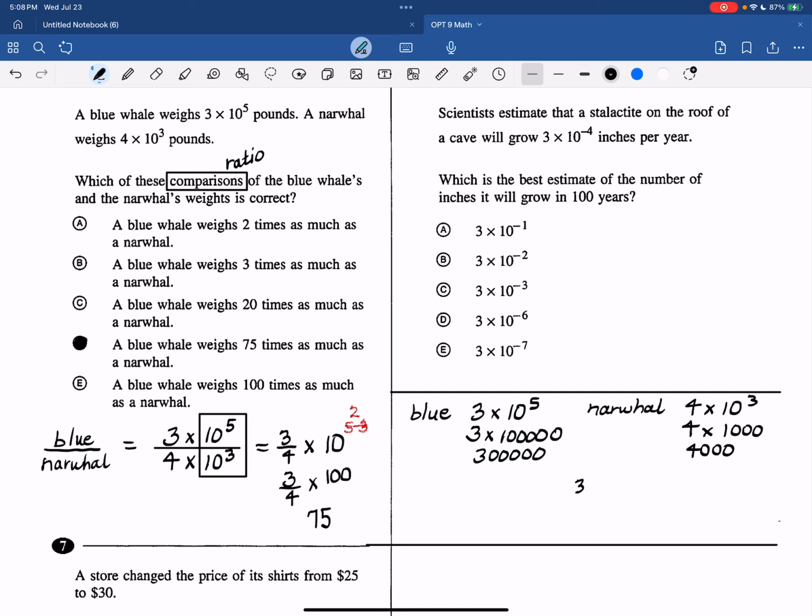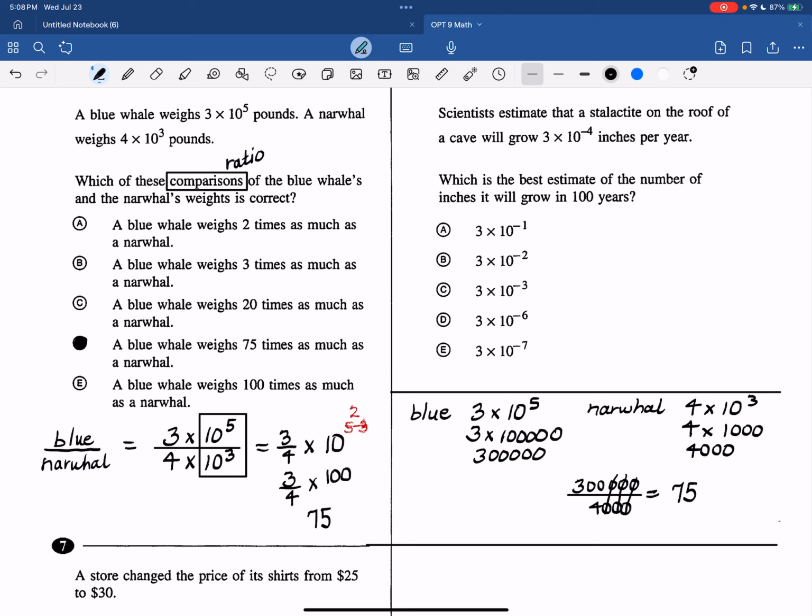So you have 300,000 over 4,000. And you can cancel some zeros if you want, or you can type all of that in there. But 300 divided by 4 is 75. So that method will work the same.